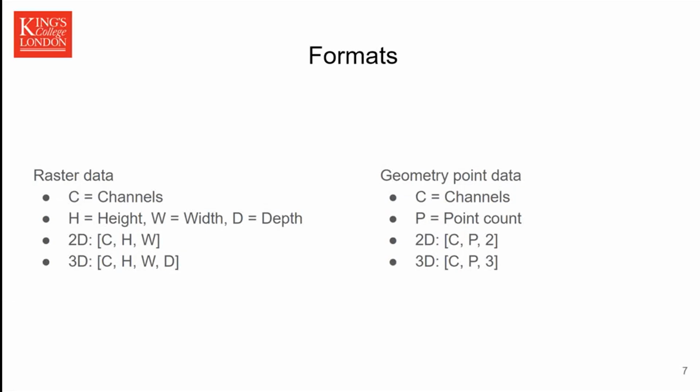So geometry data is slightly different. You can have a channel dimension at the start, and then you'll have a dimension P, which is the number of points in your data set. And then if your data is 2D, you'll have a third dimension of length 2, which represents your X and your Y coordinates. And if you're dealing with 3D, you'll have a dimension of length 3, which is your X, Y, and Z coordinates.